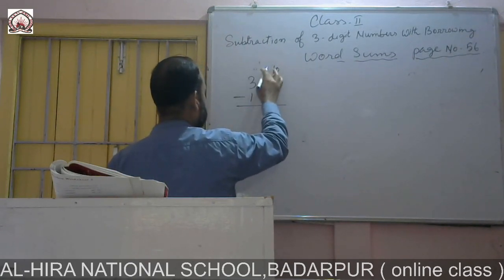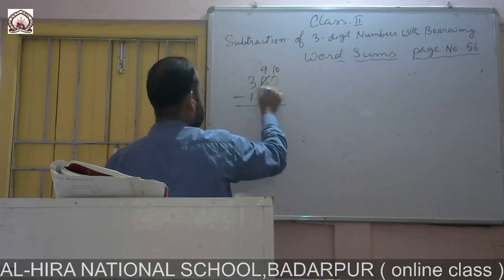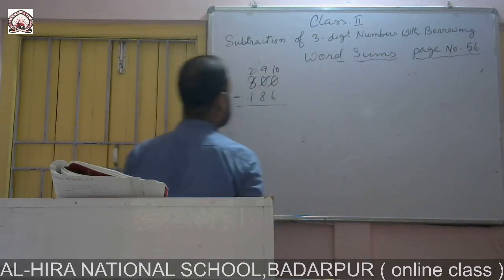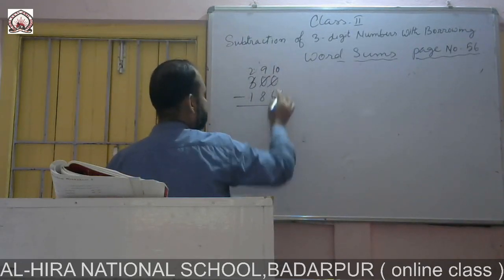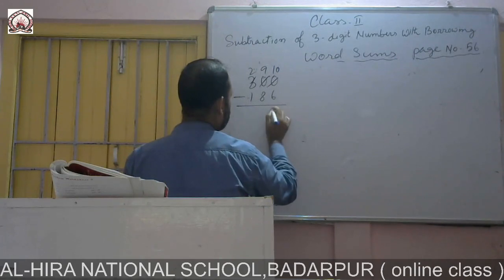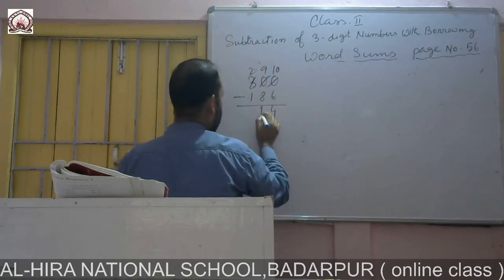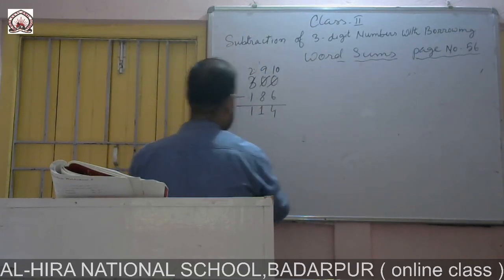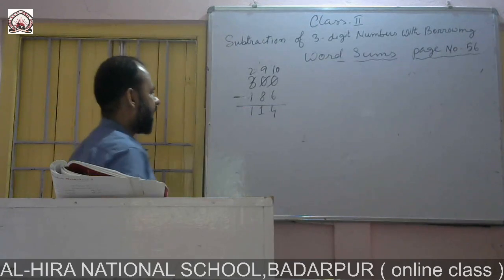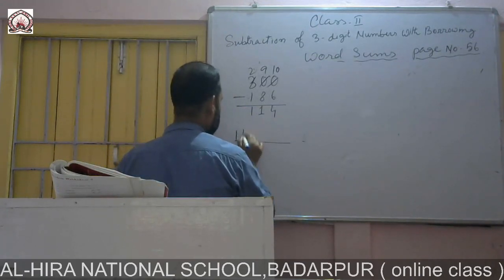From 3 we borrow, then there is 10, and this 10, 1 borrow, then there is 9 and there remain 2. 10 minus 6 is equal to 4, and 9 minus 8 is equal to 1, and 2 minus 1 is equal to 1. So, how many seats are empty? 114 seats.